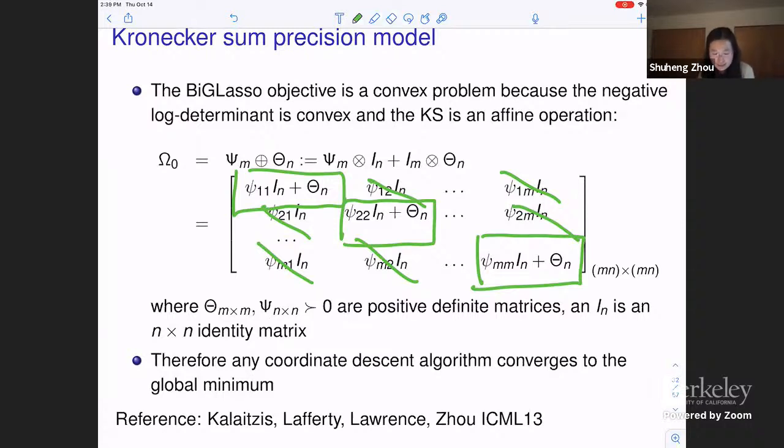So this slide basically says the bigraphical lasso objective is convex because the log determinant is a concave function, so its negative is convex, and the Kronecker sum is an affine operation, which I will revisit in a couple of slides. And therefore, any coordinate descent algorithm or any composite gradient descent type of algorithm would converge to the global minimum. So in the ICML paper, we have a coordinate descent algorithm.